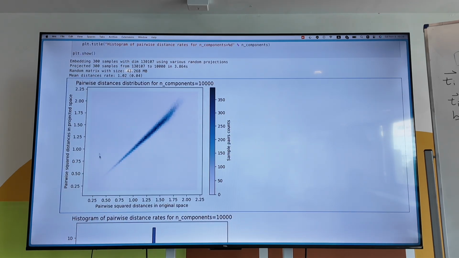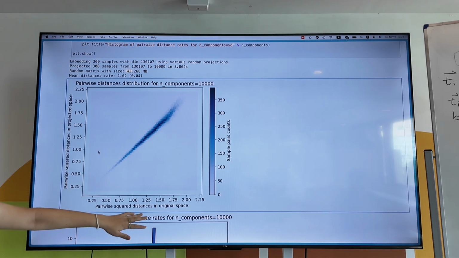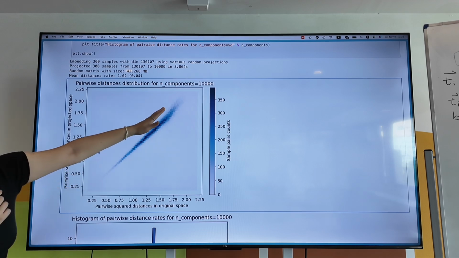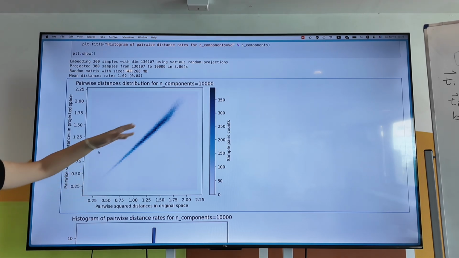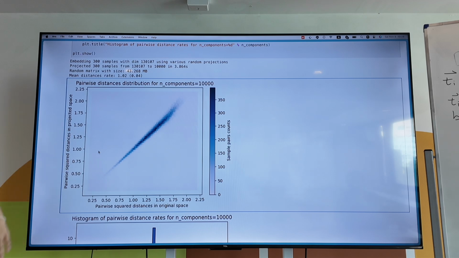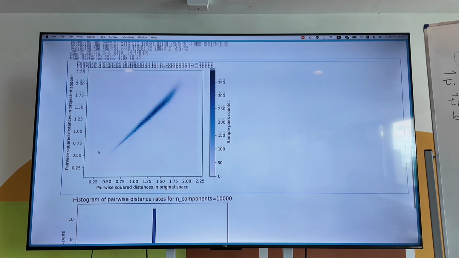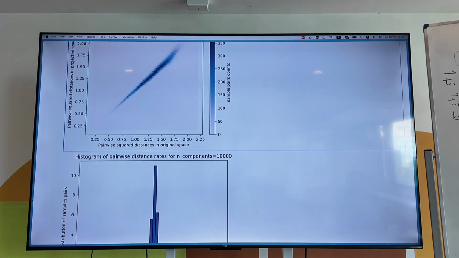And this is how it looks. On this axis, this is before projection, this is the projected, and this is the original space. But you can see the distribution is almost x equals y, meaning the distance is very close to each other before and after projection.